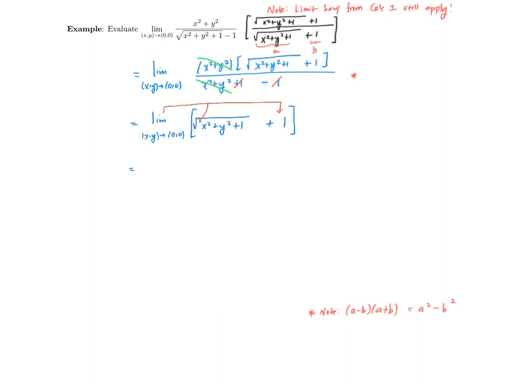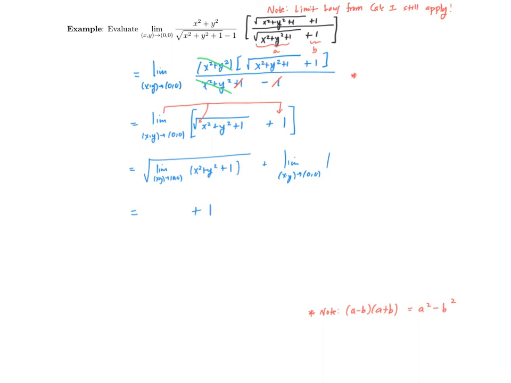So as xy approaches 0, 0, you have the limit as xy approaches 0, 0 of x squared plus y squared plus 1 plus the limit as xy approaches 0, 0 of 1. Now, the limit of a constant is always that constant.